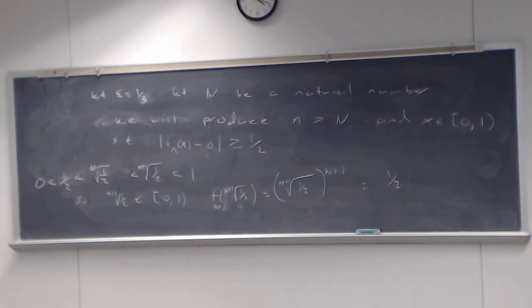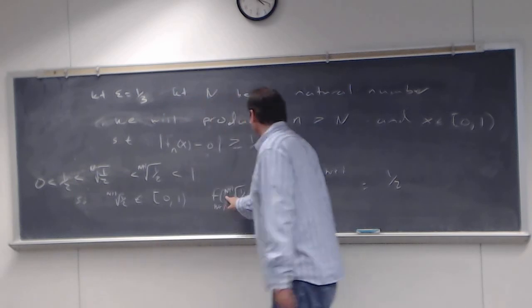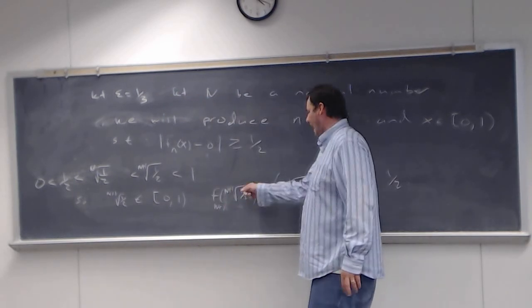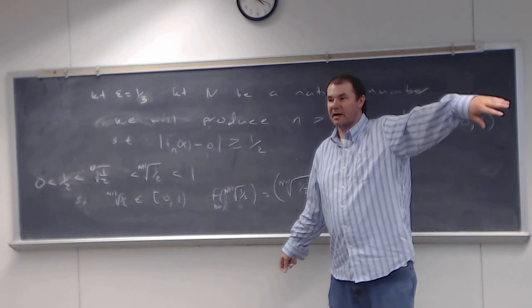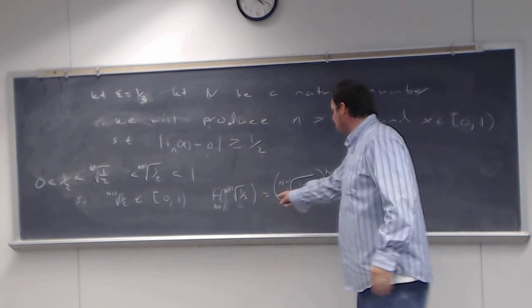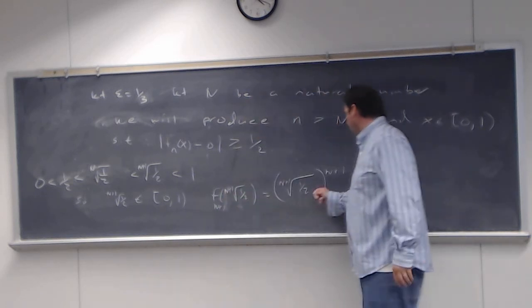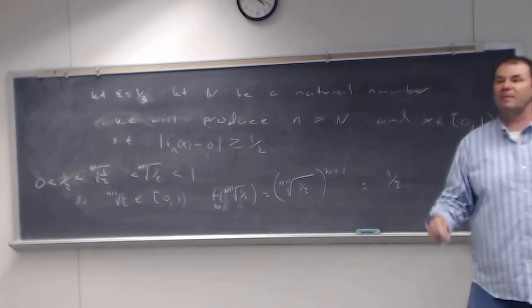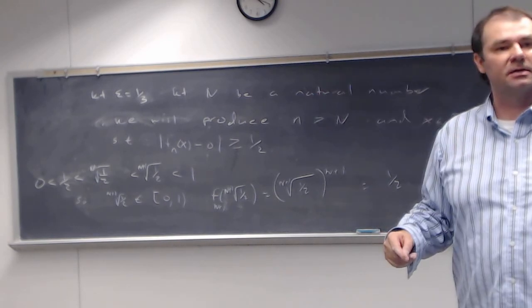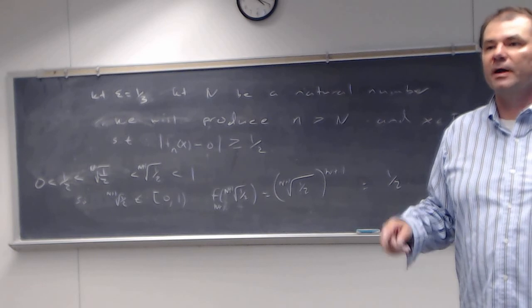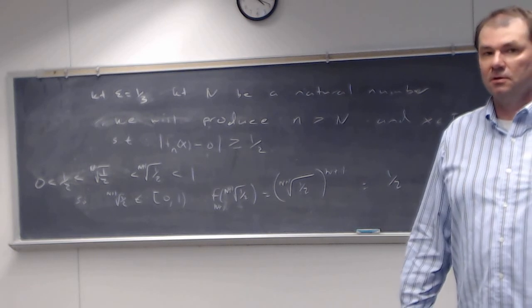No. Because no matter what n you gave me, I can always find a point between 0 and 1, the n plus 1 root of 1/2, that when I evaluate the n plus 1 function of it, I get 1/2, and that's going to be bigger than my epsilon, which is 1/3. Is that all right? Okay, I would like to draw a picture.